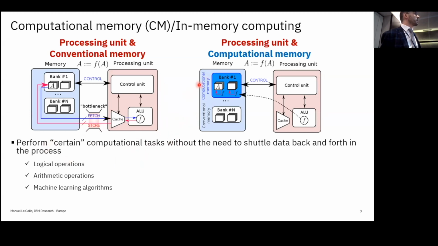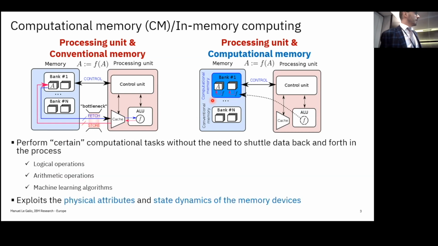It's very unlikely that this will become general purpose, but on the other hand, you can explore certain tasks with this computational memory. It has already been shown that you can do some logic operations in DRAM, for example. What I will describe mostly are the arithmetic operations, mainly matrix vector multiplications, which is essentially the bulk of the computations we do for deep learning inference.